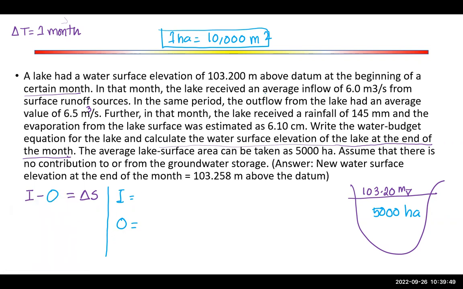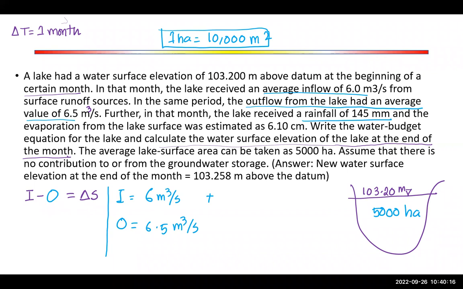We have 6 meter cube per second. In the same period, the outflow from the lake had an average value of, is that inflow or outflow? So it will be 6. What else? In that month, the lake received a rainfall of 145 millimeter.